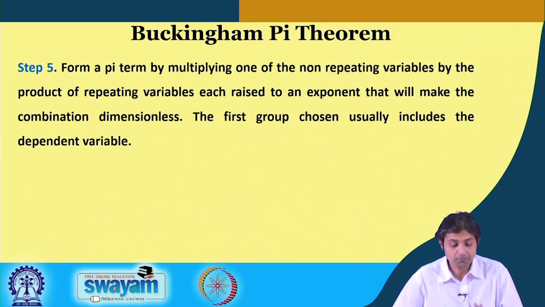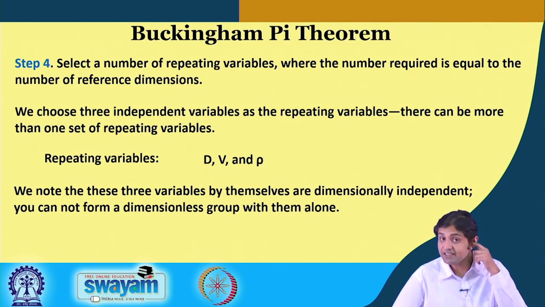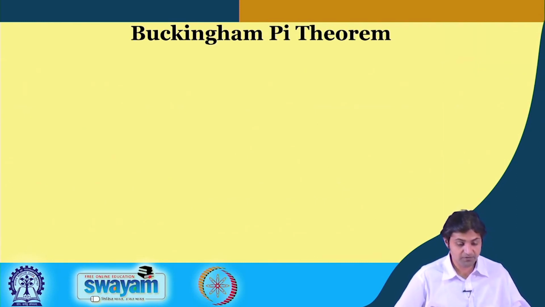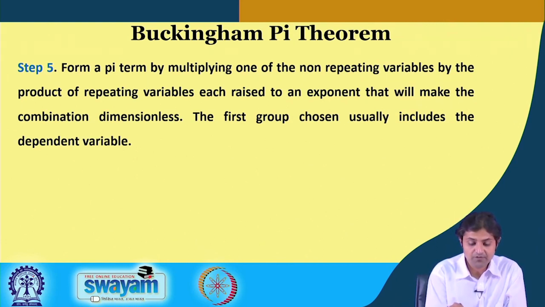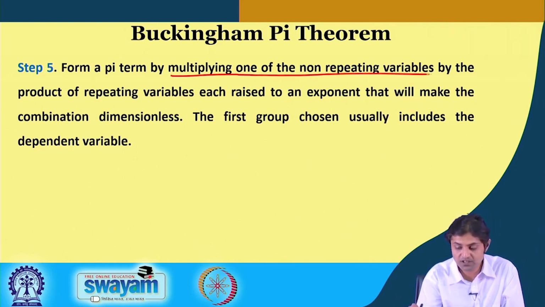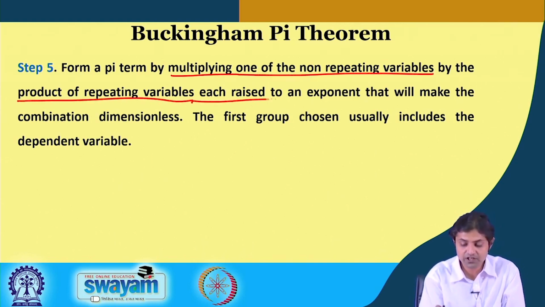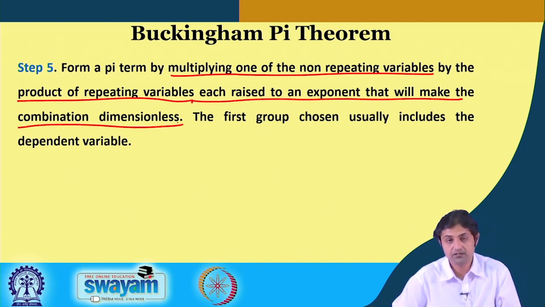Now step 5. Step 4 was that we have to select the number of repeating variables. We have chosen that. Now step 5 is that we have to form a pi term. How is that formed? We form a pi term by multiplying one of the non-repeating variables by the product of the repeating variables, each raised to an exponent that will make the combination dimensionless.